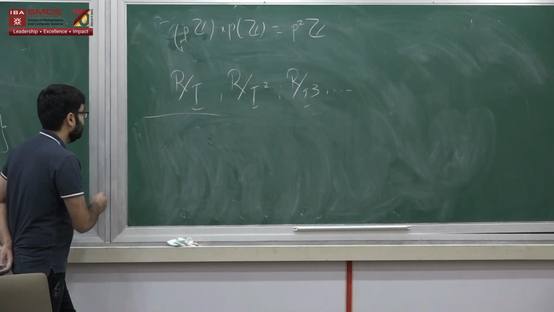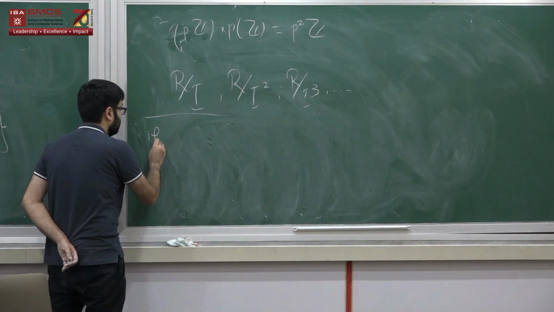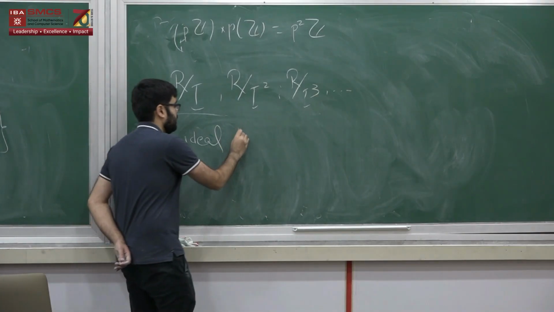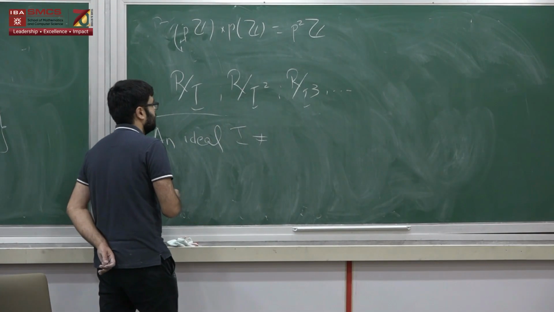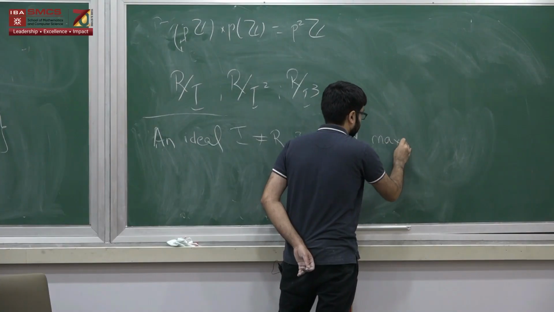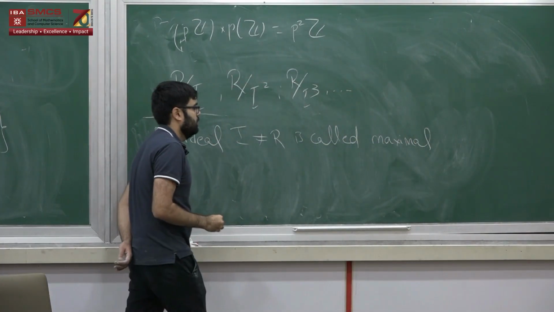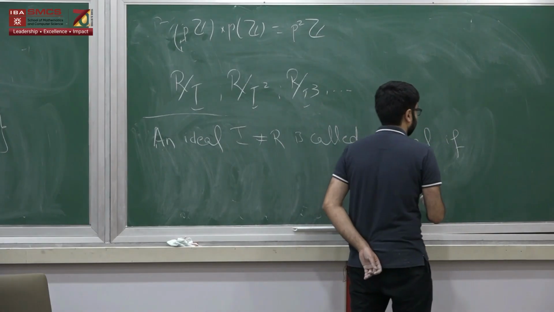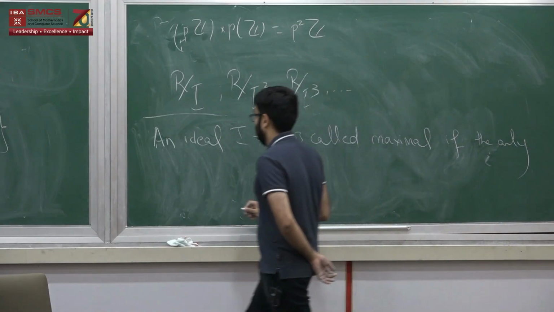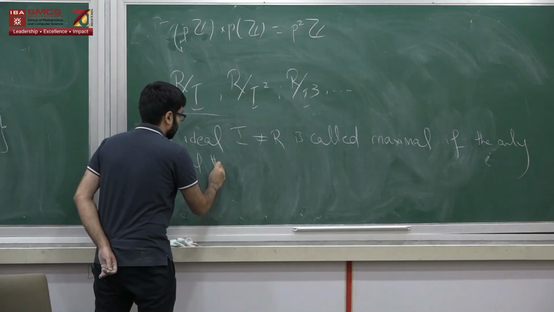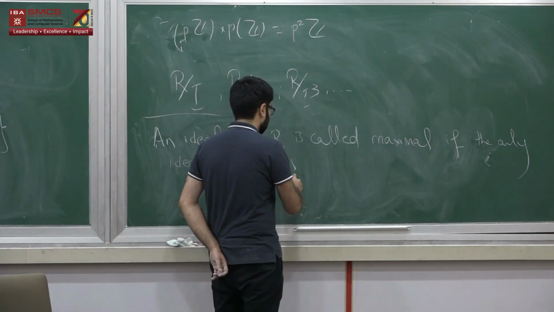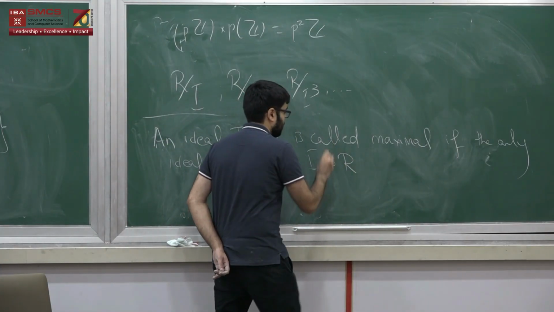So at least a sufficient condition is this: an ideal I, which is not the whole ring itself, is called maximal if the only ideal that contains I is R itself.